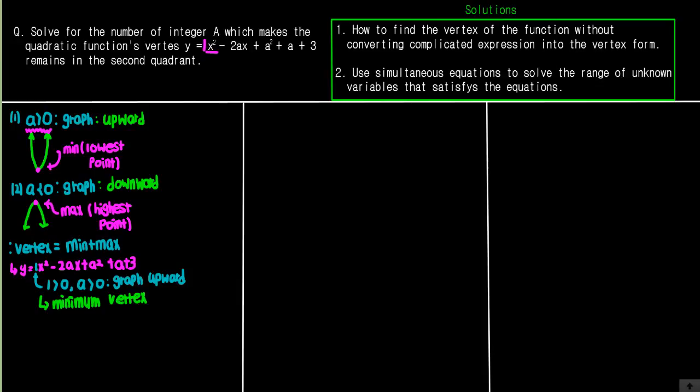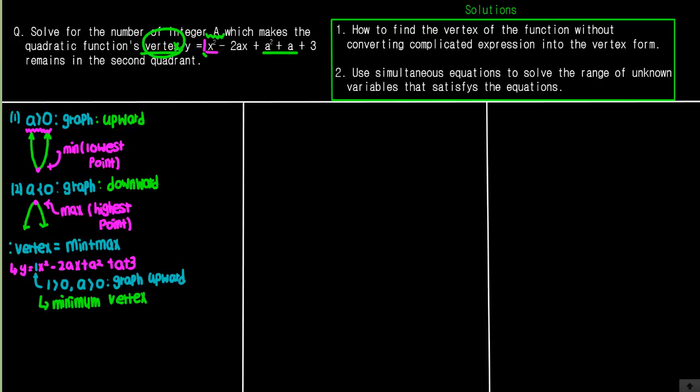But in our question, they ask us to solve for the integer a that makes this quadratic function's vertex remain in the second quadrant. So the most important thing in this question is the vertex of the quadratic function.